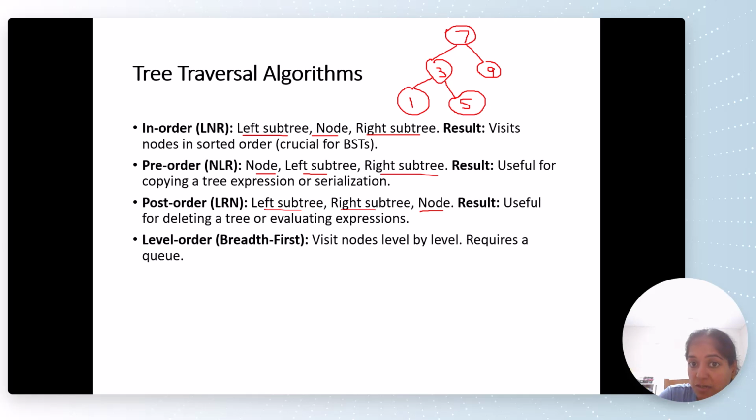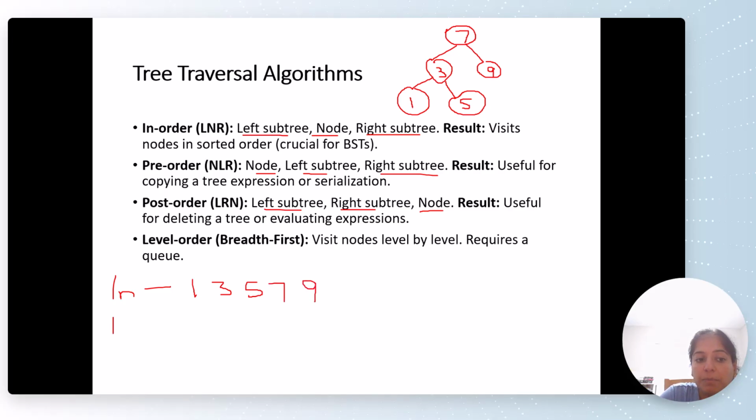It is a binary search tree because everywhere the value of the left subtree is less than the parent node, and the value of the parent node is less than the right subtree. Now, if we have to perform the in-order traversal, it is left subtree, then node, then right subtree. So it will be 1, 3, 5, 7, 9.